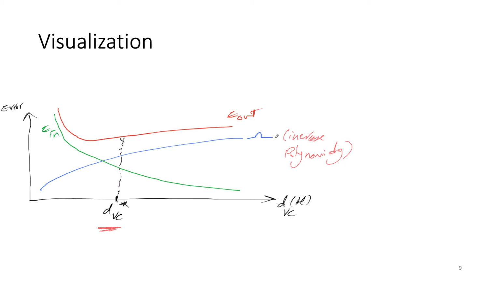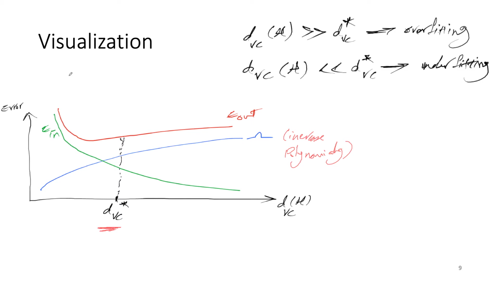Remember in the first session I was talking about underfitting and overfitting. Now we can have a value to quantify that. If the VC dimension is way bigger than the optimal value, we are overfitting. On the other side, if it is smaller than this, we say that we underfit, right?